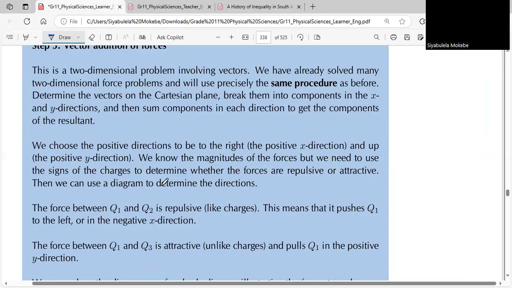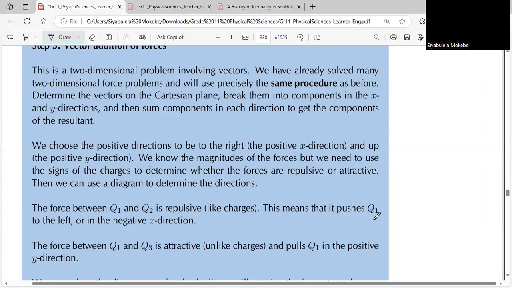We know the magnitudes of the forces, but we need to use the signs of the charges to determine whether the forces are repulsive or attractive. Then we can use a diagram to determine the directions. The force between Q1 and Q2 is repulsive because those are like charges.